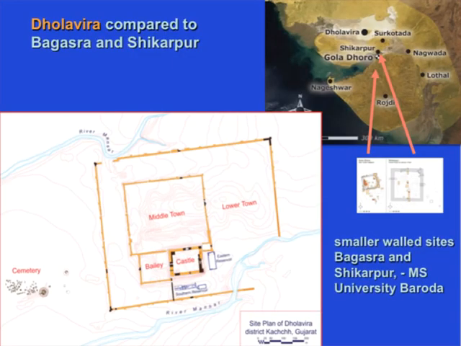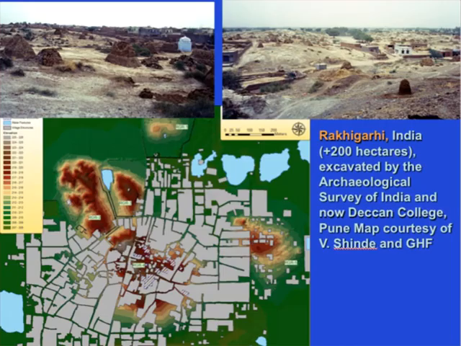We have sites such as Dholavira, which have been very well excavated by the Archaeological Survey, Dr. Bisht. And then we have many smaller sites being studied by the MS University and Deccan College community, these archaeologists. So these help us understand some of the variations in these regions, which I think will be covered in this conference today.